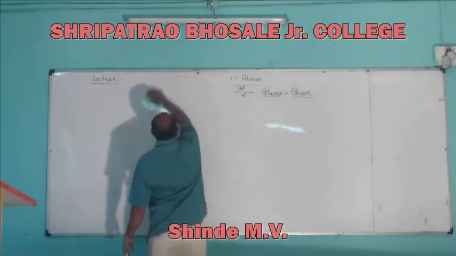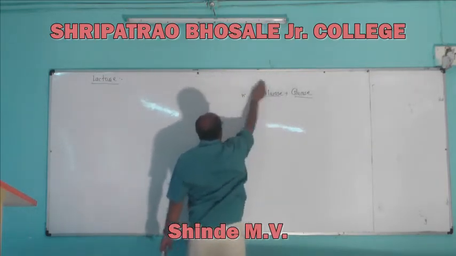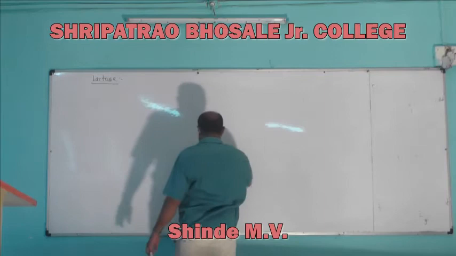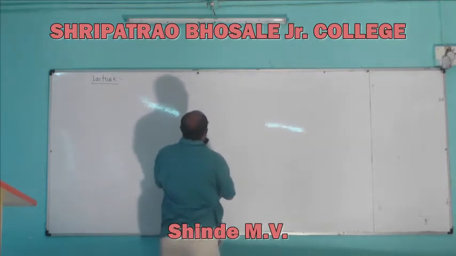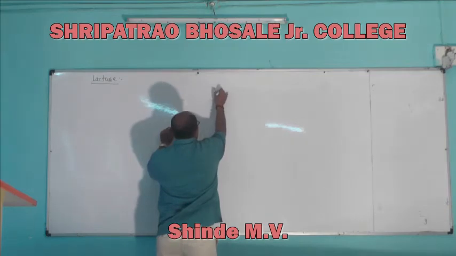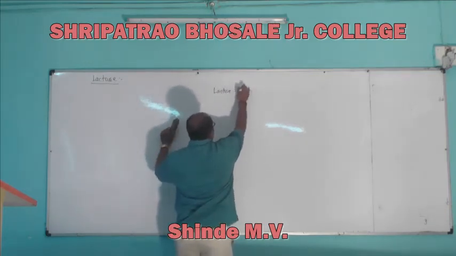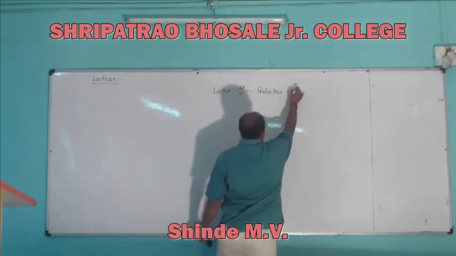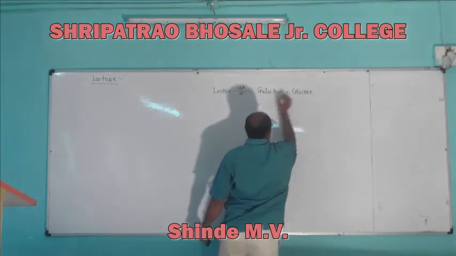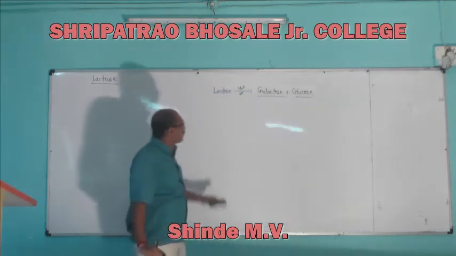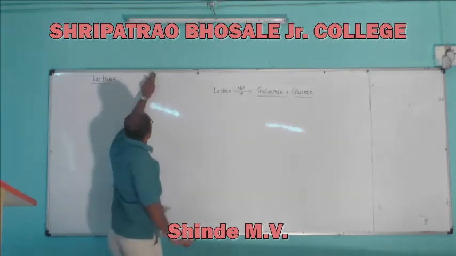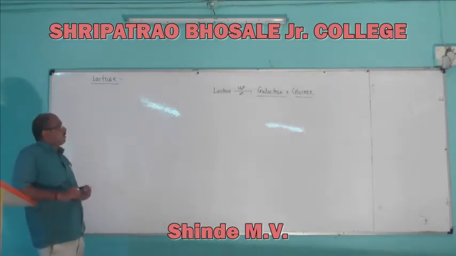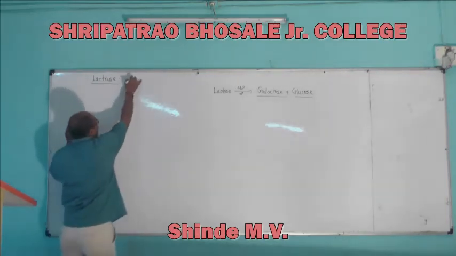It gives one monosaccharide, galactose, and another monosaccharide, glucose. Lactose on hydrolysis gives galactose and glucose. Lactose is commonly known as milk sugar.